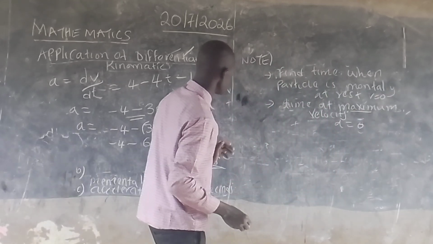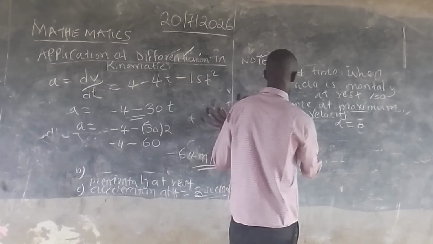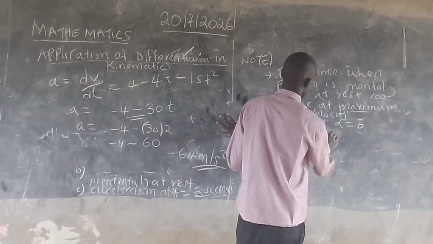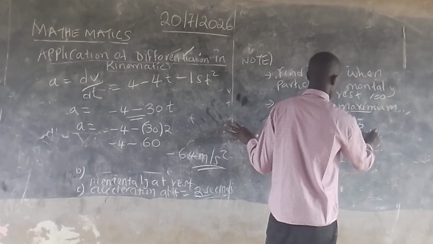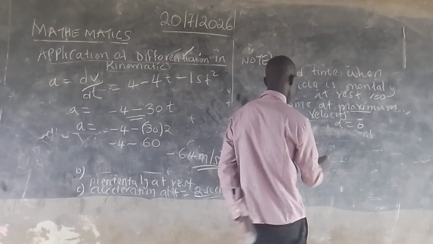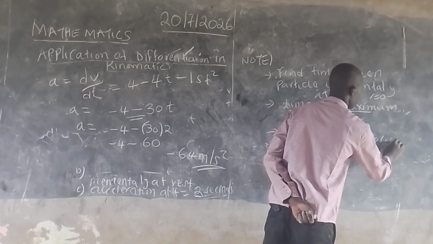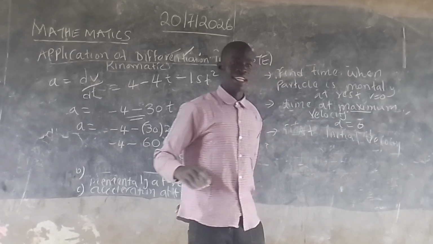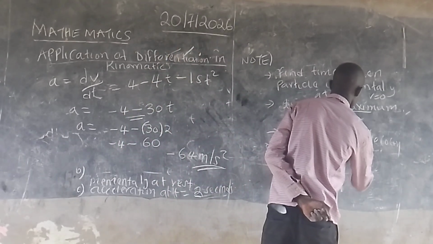Then they can also tell you: find time, find velocity, or find distance or displacement, or acceleration at initial velocity. When you talk about initial velocity, this simply means that time is 0.